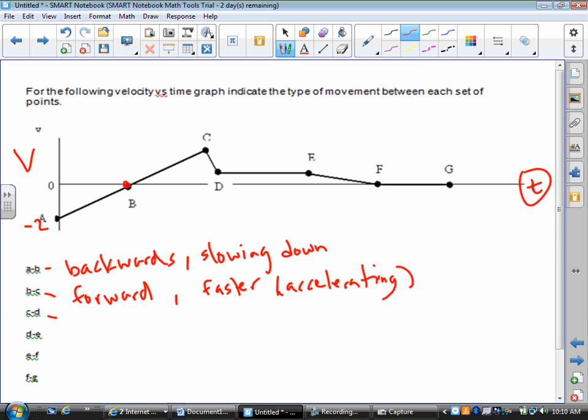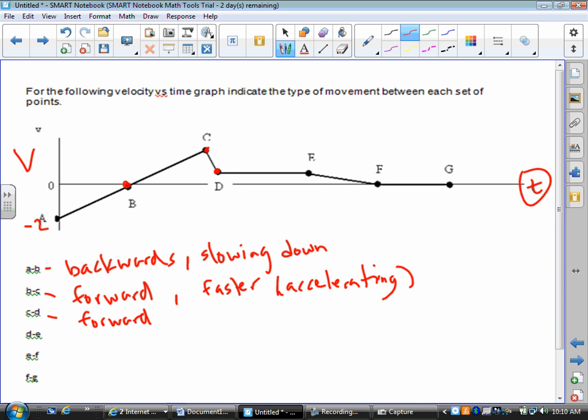All right, what about C to D here? Okay, so it's slowing down, so it's decreasing speed. Which direction is it going? Anything that's positive velocities means forward. So anything that's above 0 is going to be forward. So this is forward. You're confusing the position time graph and the velocity time graph.